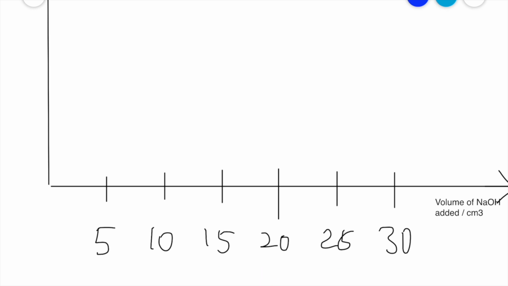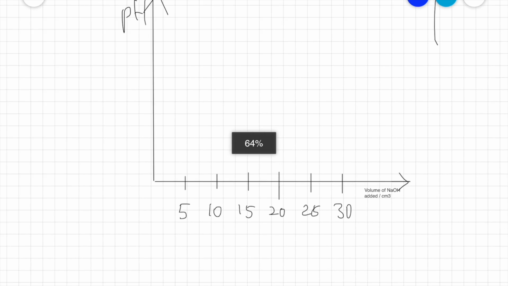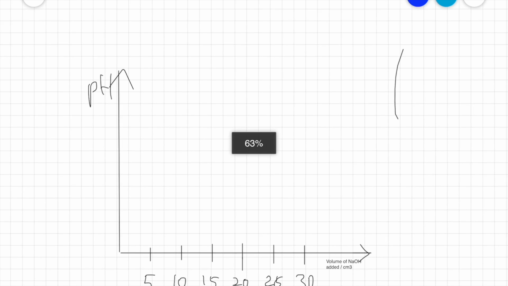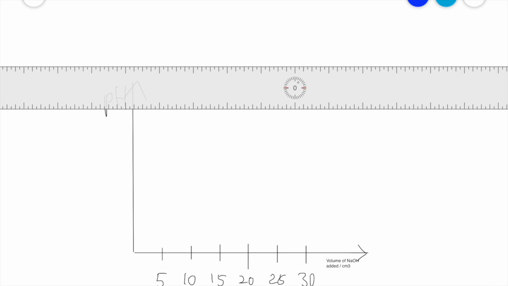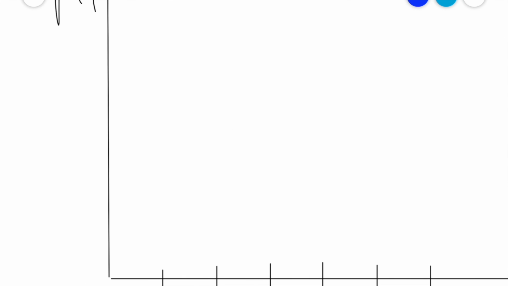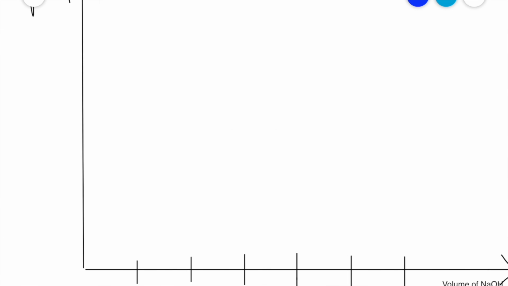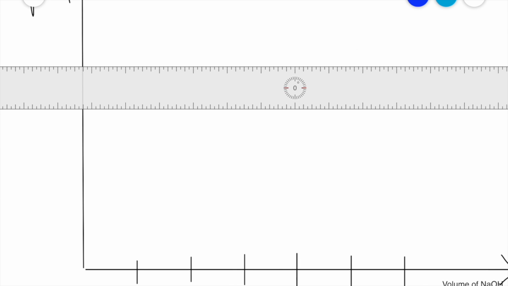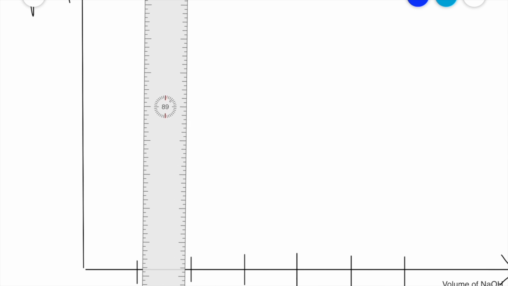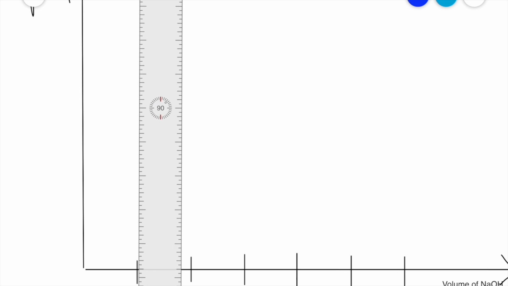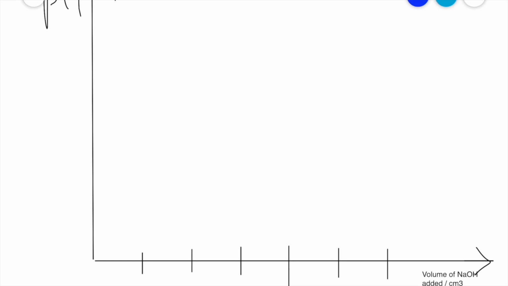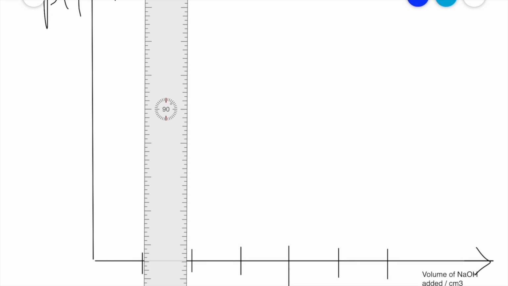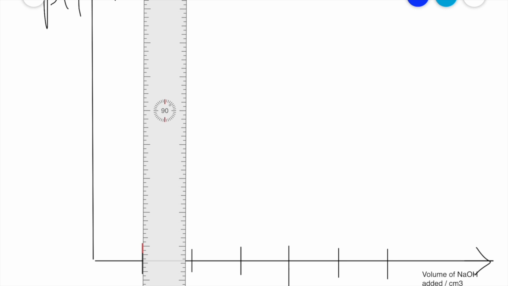Then the next thing I'll do, since I've just labeled the x-axis, is to start to shoot my vertical lines up.